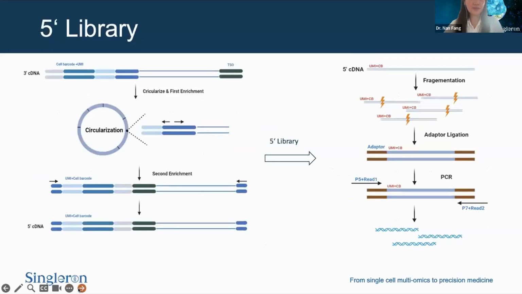And then we also need a second 5' library where this circularization would be very helpful. So after the circularization, we have a reverse PCR to open up the circle again. But with the opening up of this circle, now the 5' sequences would be quite close to the personal ID of UMI and cell barcodes for the specific cDNA.